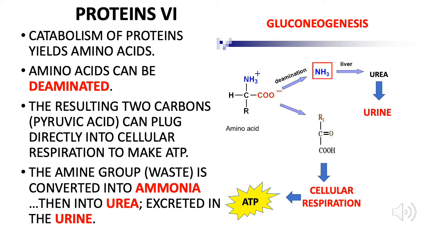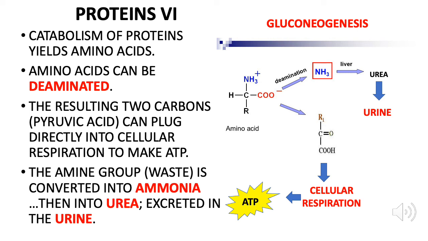Remember, a peptide bond is a linkage between amino acids. Hydrolysis is the breaking of that. So if I'm going to hydrolyze a protein, I am breaking the peptide bonds and I'm yielding amino acids. In order to use the amino acid as a potential energy source, I need to remove the amino group. That process is called deamination.